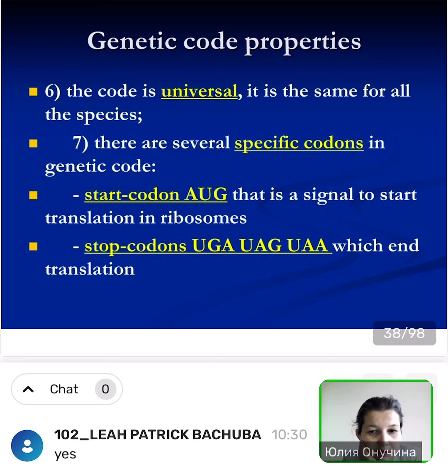There are several specific codons. One codon for the beginning of translation, start codon AUG, and stop codons for the finish of translation: UGA, UAG, and UAA.